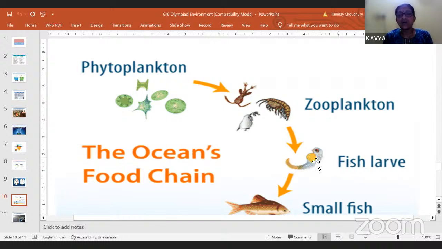So the young ones of any organism that lays eggs, once the eggs hatch out, are known as larvae. So the young ones of the fish eat these zooplanktons or these phytoplanktons. So that is why planktons form the first level in any aquatic food chain.